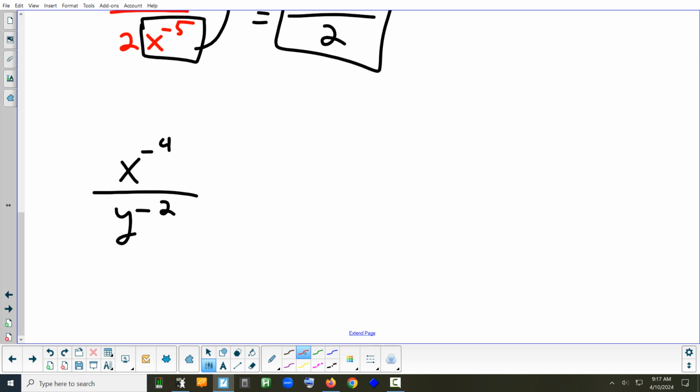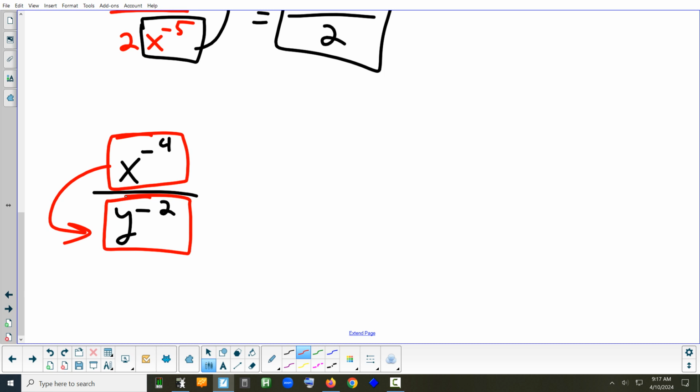X. All right, so where is that going to go to become positive? To the bottom. Is there anything else with a negative exponent? Y. Where is that going to go? To the top. It has to go to the top. So 2 things had to move.